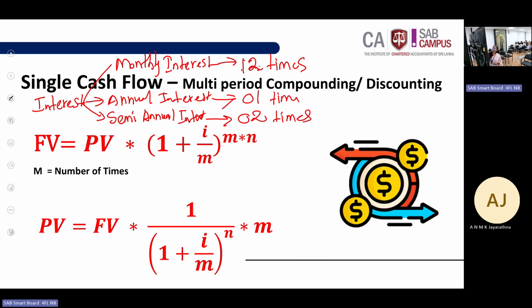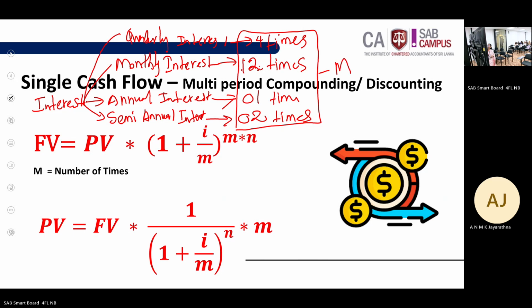Quarterly interest. How many times you receive the interest now? 4 times. So these number of times, we notate as M, capital M or simple M.